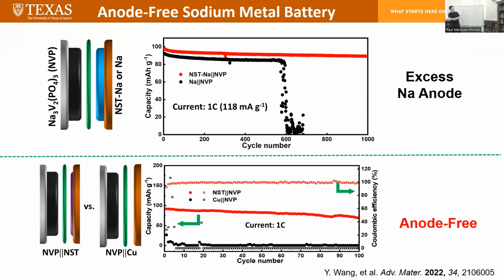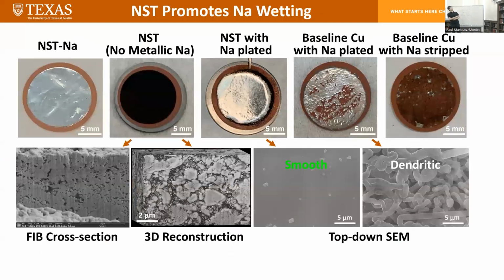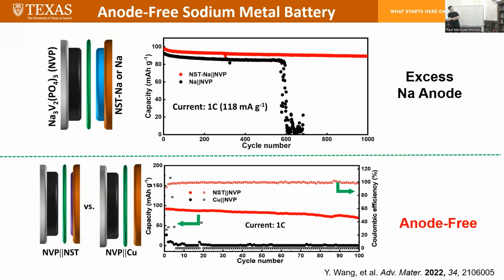However, when you come to the anode-free cells, you have the NST, those black-colored current collectors, or the baseline copper current collector. In one case, the baseline just dies very fast, almost like 5 cycles. And with the NST, again, it's better than the solid state. At least it got 100 cycles, because that's in the liquid.